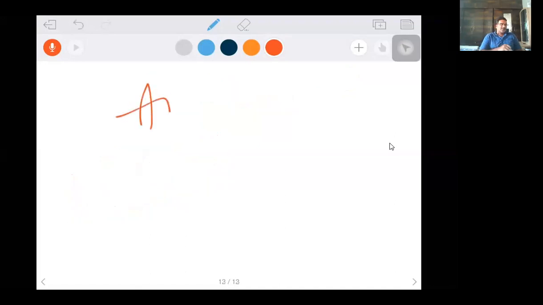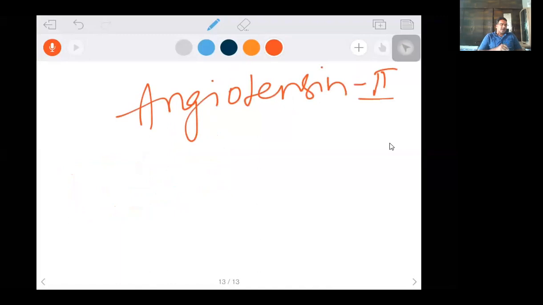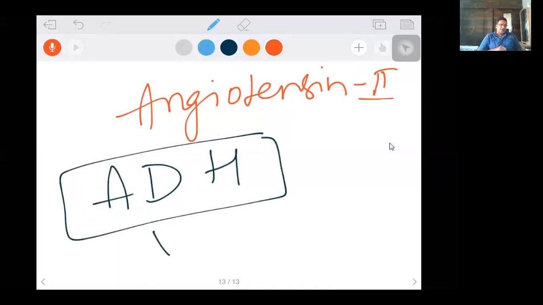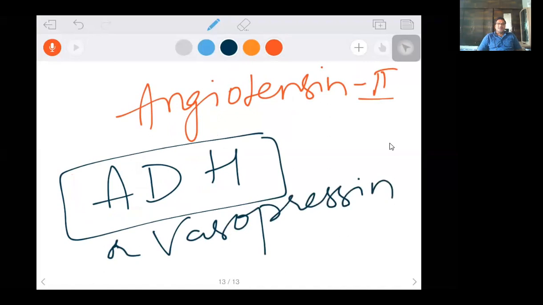Next, what are the other functions of angiotensin II? We know in the DCT, distal convoluted tubule, the absorption of water is possible with the help of a hormone called ADH, or also vasopressin. So angiotensin II stimulates the secretion of vasopressin. What do you call this kind of absorption of water in DCT? Facultative water reabsorption.